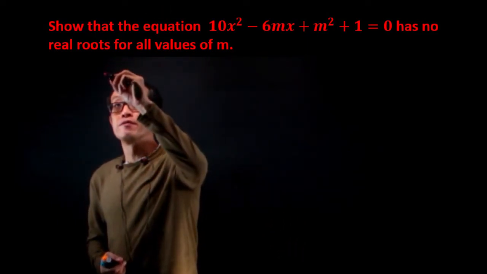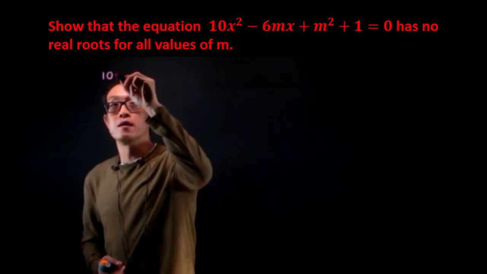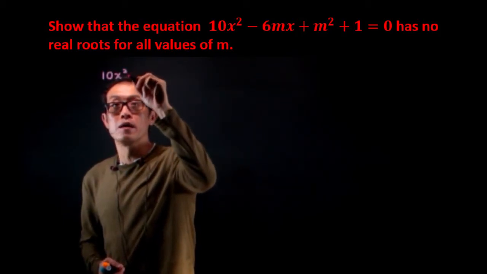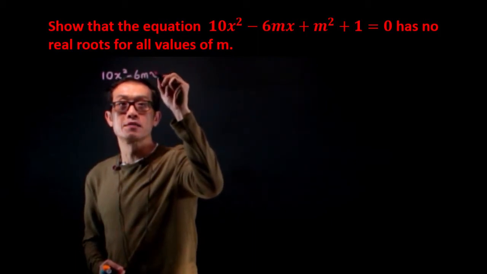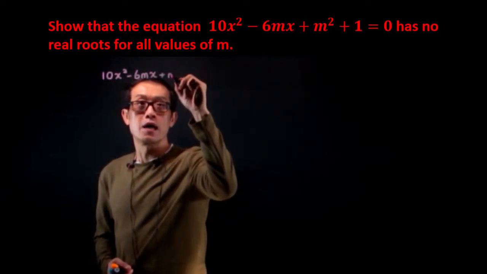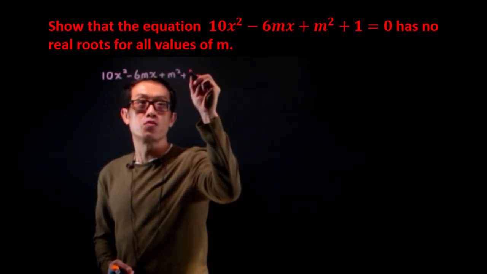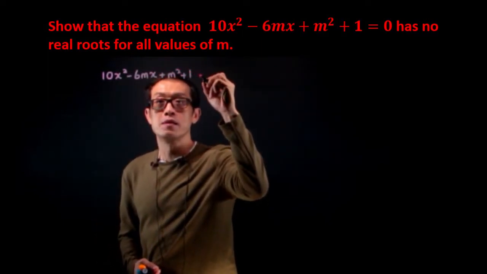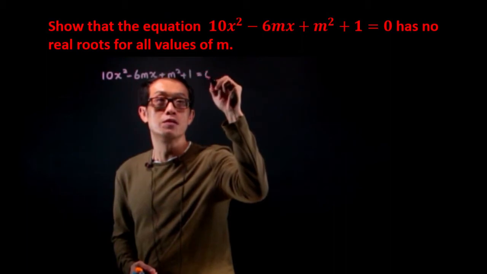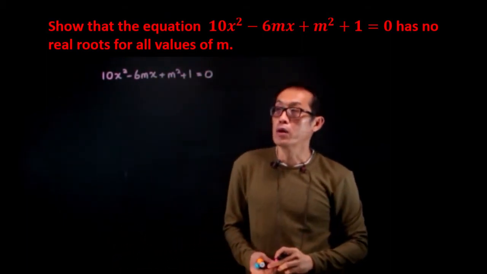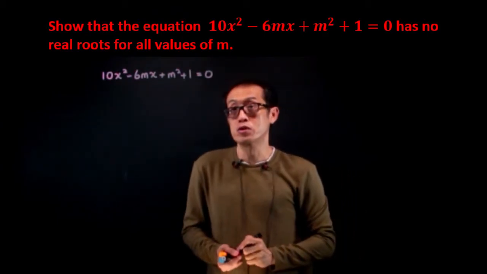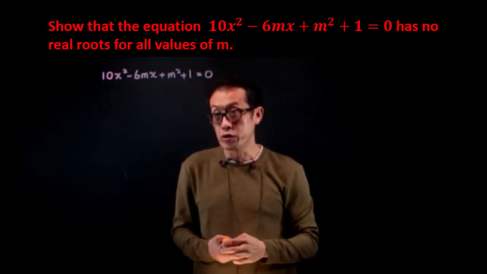So you have 10x squared minus 6mx plus m squared plus 1 equals 0. Now, if there are no real roots, what is the condition?